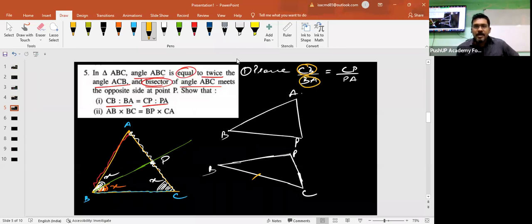Then BA is a part of triangle BAP, right? CP is a part of triangle BCP and PA is a part of triangle BAP. Do you agree with this? Yes. So children, wasn't it easy for you to understand to which two triangles these both sides belong to?